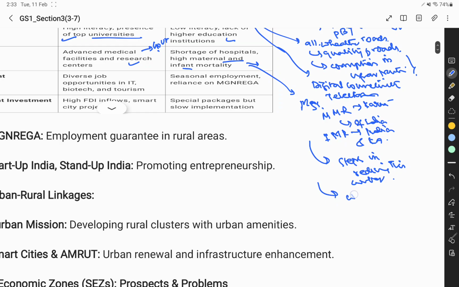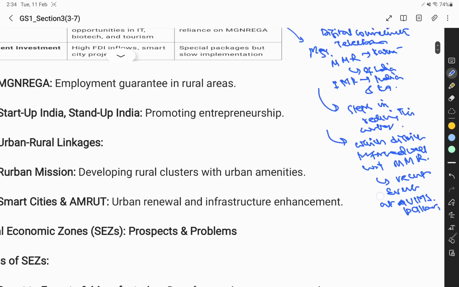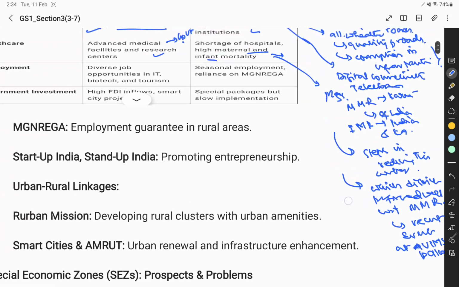Then which district performed well with respect to maternal mortality rates. A recent event at WIMS Ballari. So these things you just have a glance at. These can be written as an example.